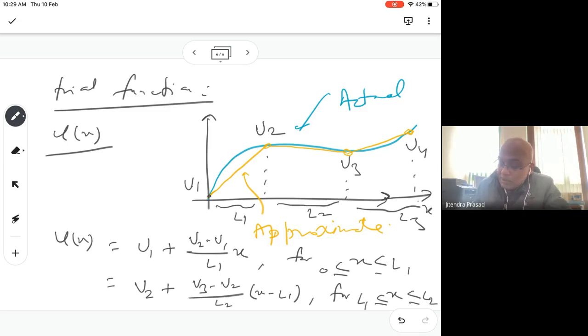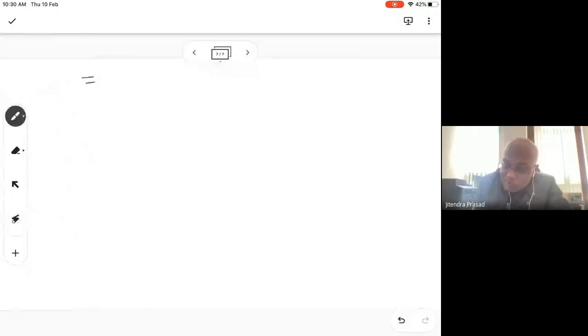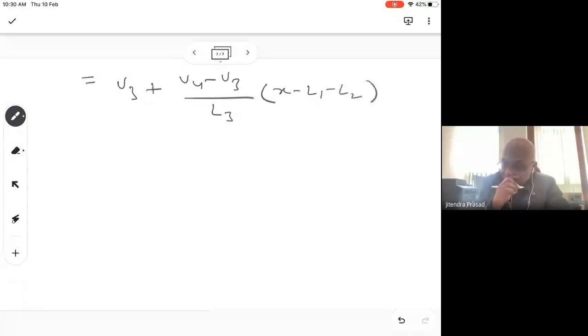This is true for x between L1 and L1 plus L2. Then equal to U3 plus (U4 minus U3) over L3 times (x minus L1 minus L2).